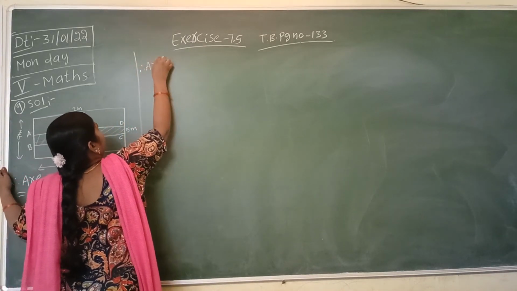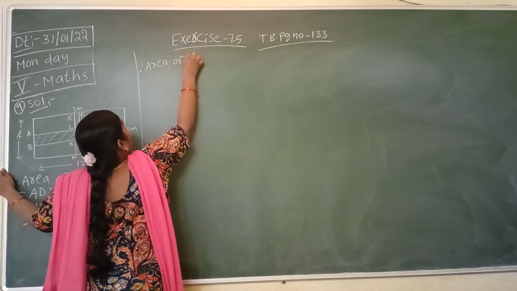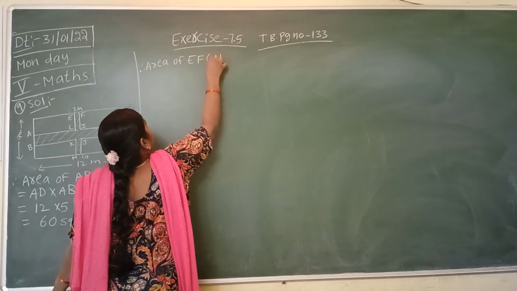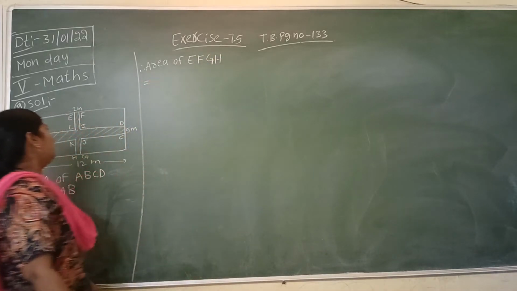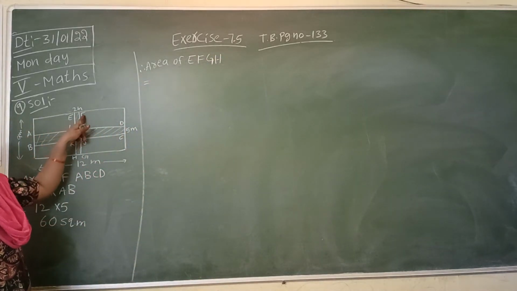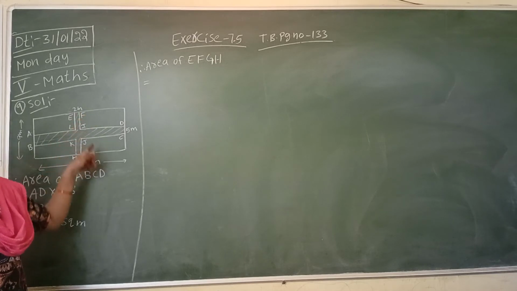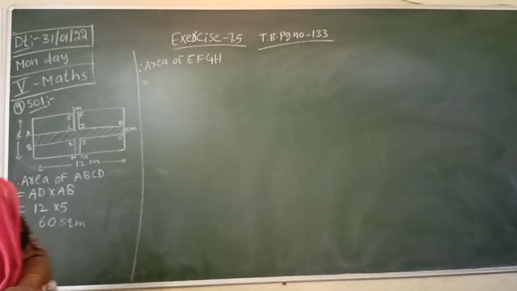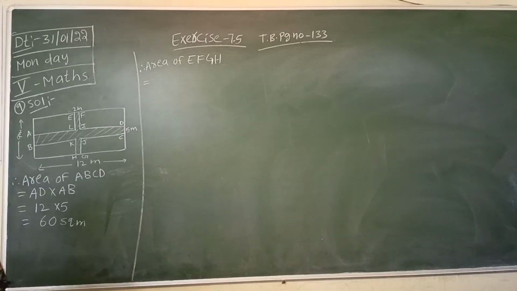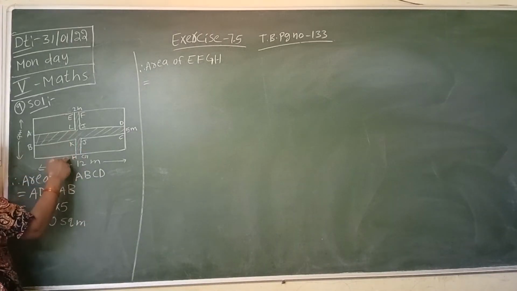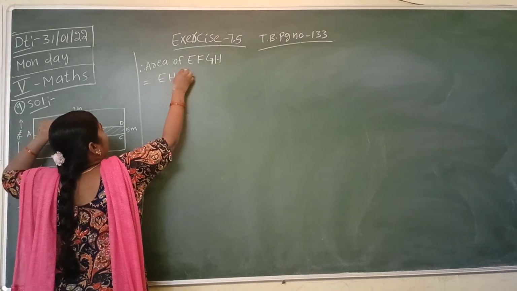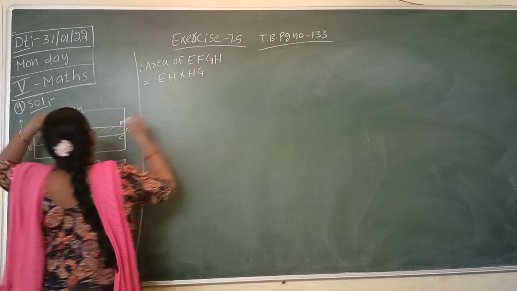Therefore, area of EFGH. In this, what are we taking? EF into FG, here to here. Okay, EF into HG, or EH into HG.